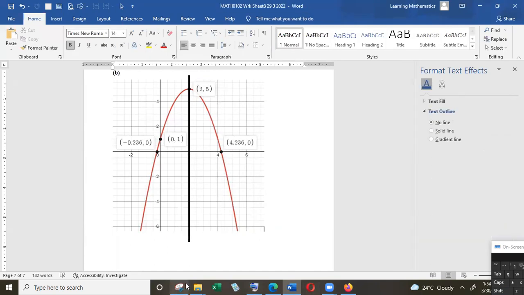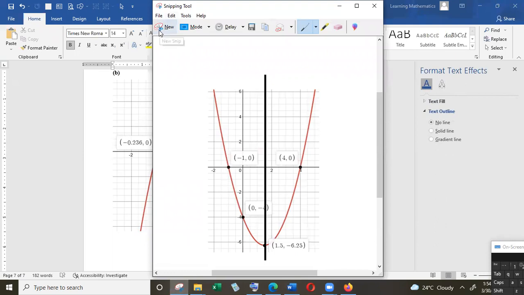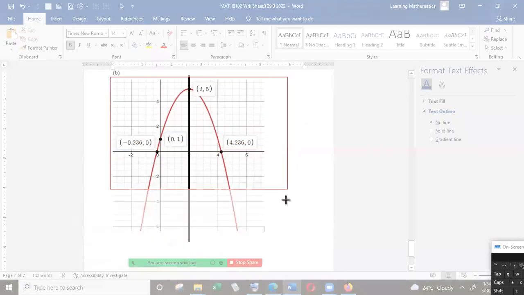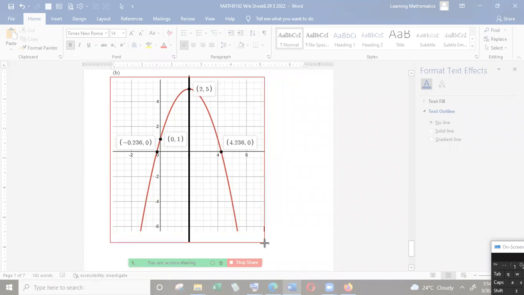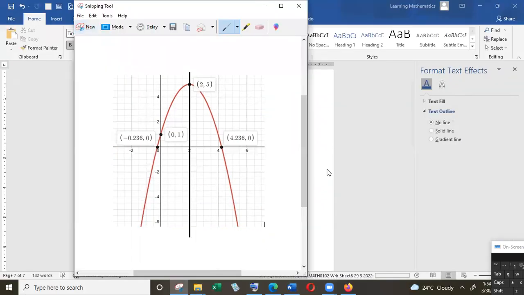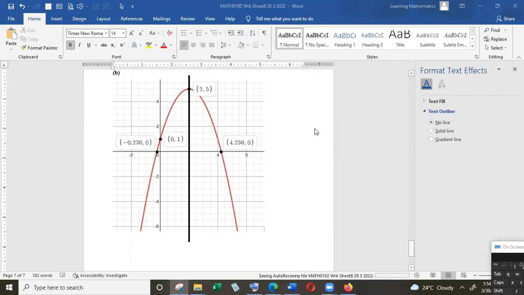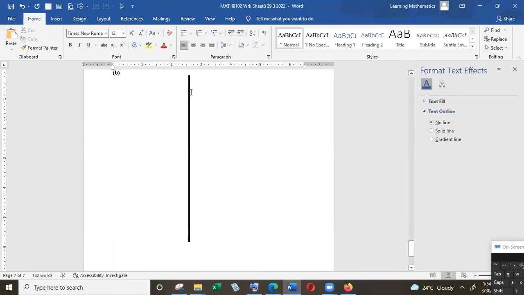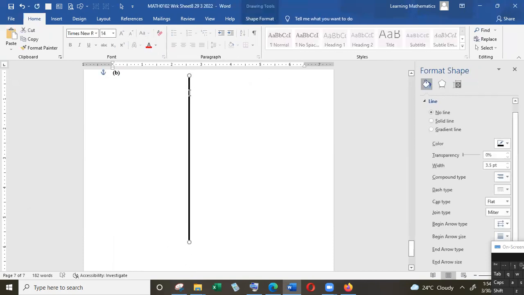Okay, so just to make this permanent, let's snip it. Because the line is from drawings and the image now, as you can see, they are two separate, so they can move apart.